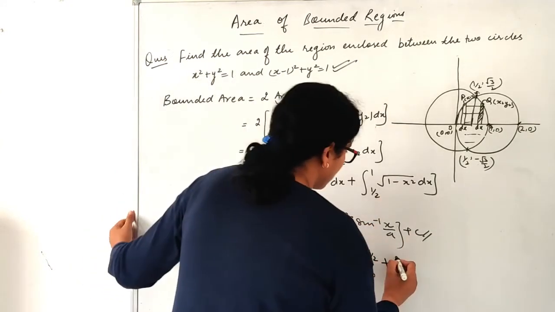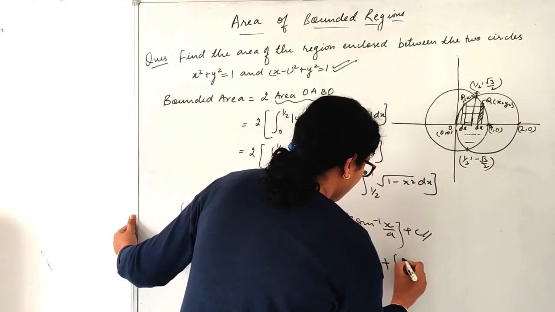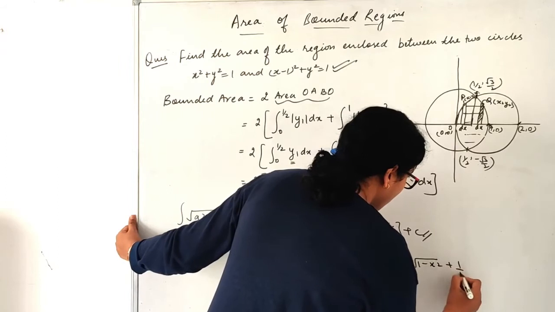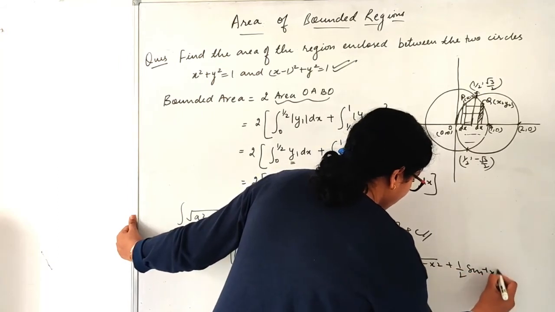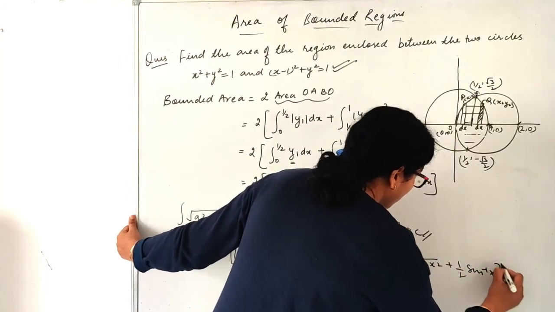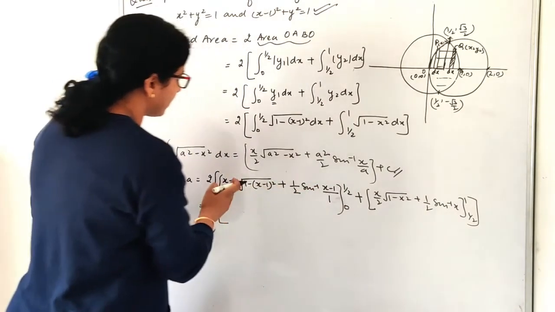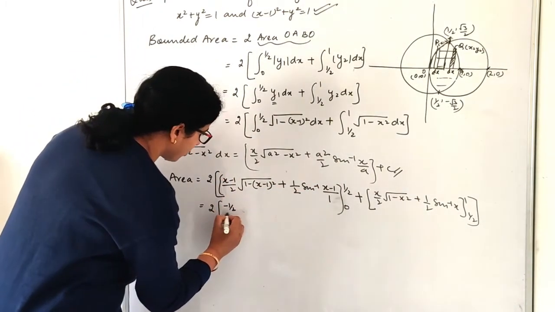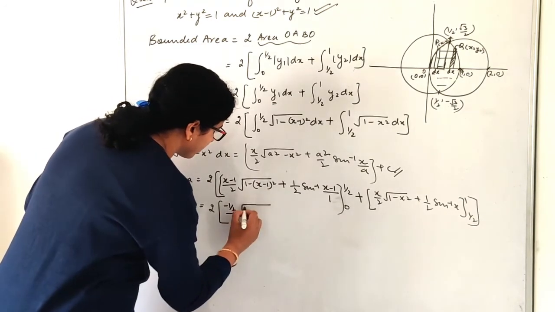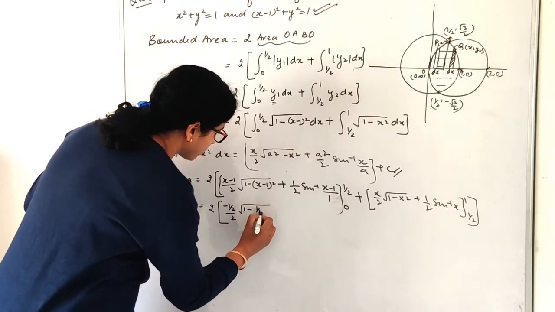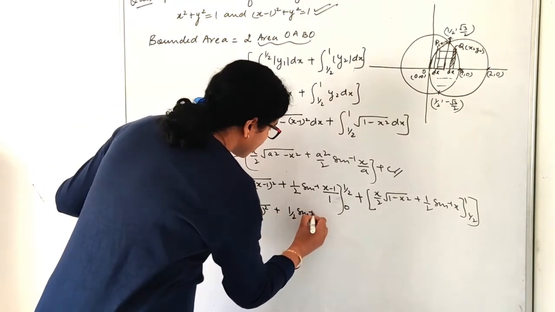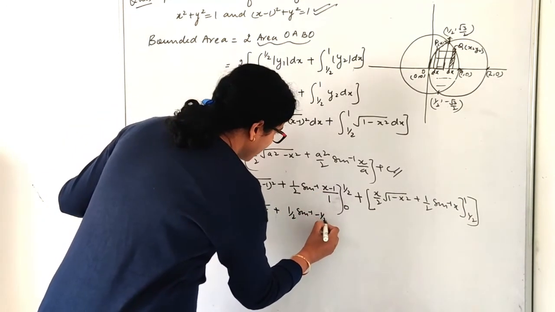Now in this we will substitute the formula. So what will it become? x by 2 root 1 minus x square plus 1 by 2 sine inverse x, with limits 1 by 2 to 1. So let us substitute the limit now. If I substitute 1 by 2, it becomes minus 1 by 2 upon 2 root 1 minus (1 by 2) whole square, plus 1 by 2 sine inverse, substituting 1 by 2, so minus 1 by 2.